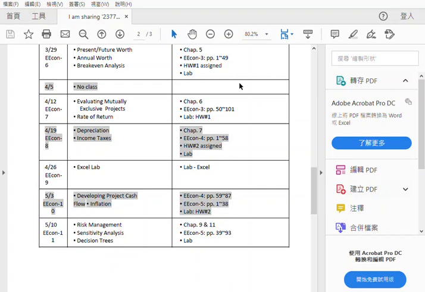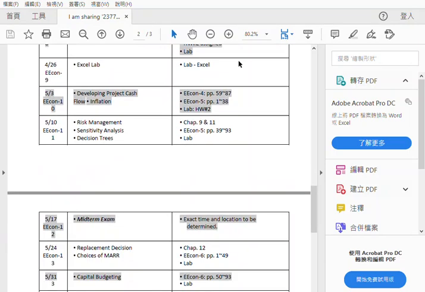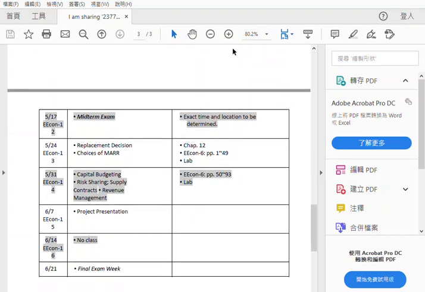And in the end, we'll talk about, it's still quite early, risk management, sensitivity analysis, and decision tree. And replacement decision: buy, repair or refurbish, repair or replace.